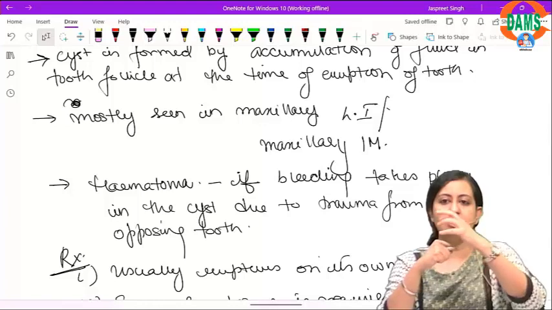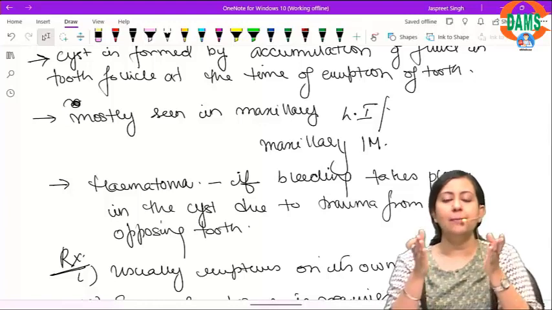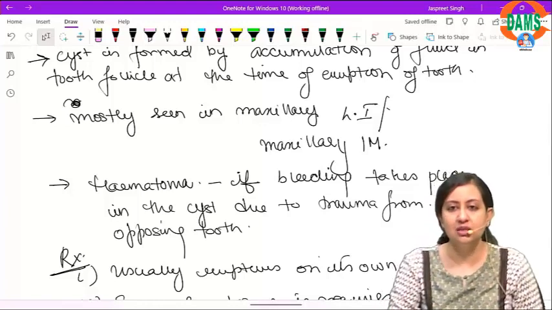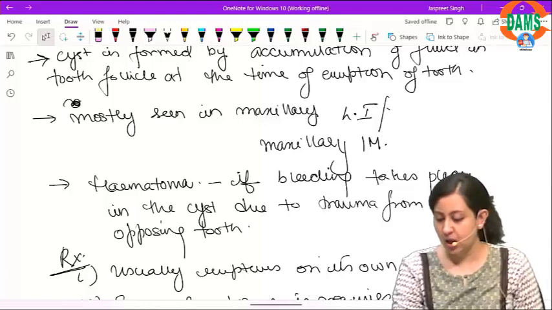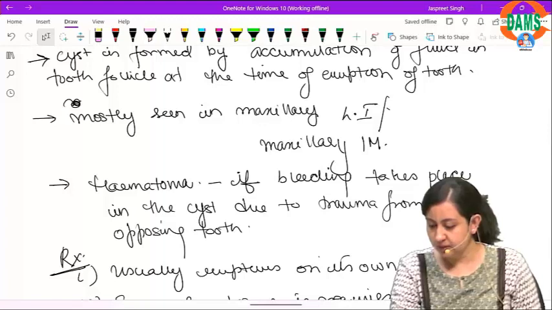Create a pathway for eruption of the tooth surgically. Alright. I hope, Shivani, that's understood.